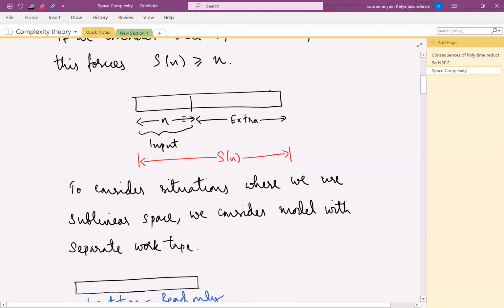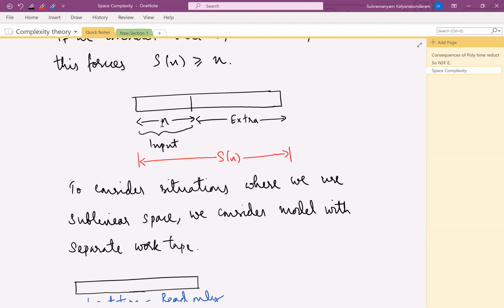So this is the total space, sometimes denoted by S of n. However, the problem with this model is that S of n has to necessarily be more than n, the length of the input. But we will see examples where computation can be performed in less space. So why should we count the space required for the input towards the total space usage? Maybe we should not be counting that space, right?